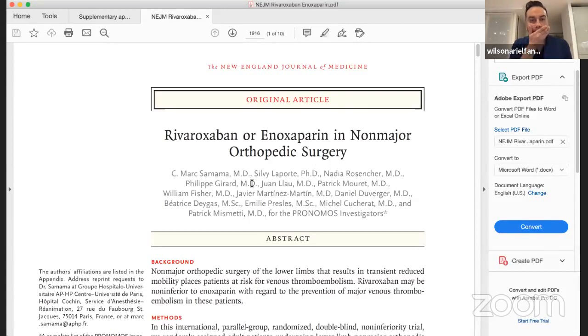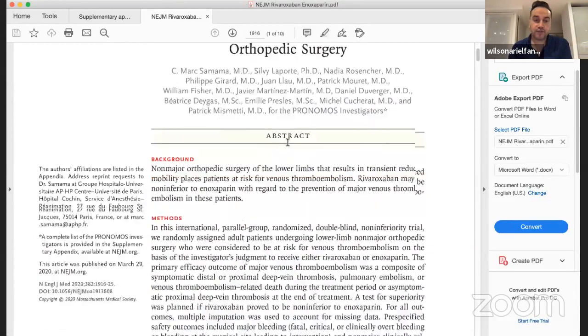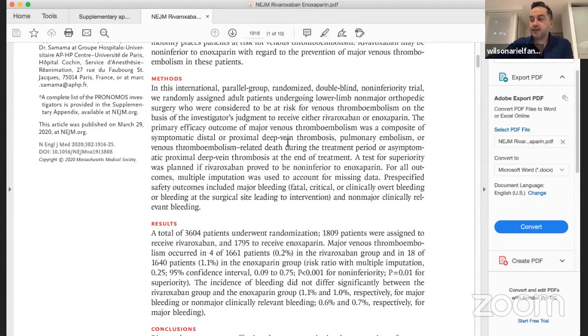So basically, rivaroxaban and enoxaparin are both anticoagulants. So they decided to run a clinical trial, which, by the way, was a huge clinical trial. You can see here they involved 3,600 patients, with randomization.